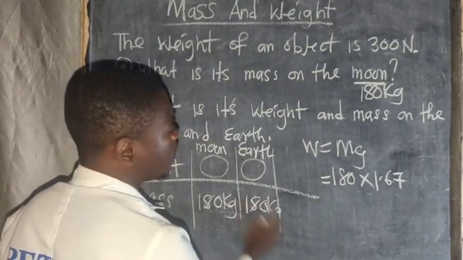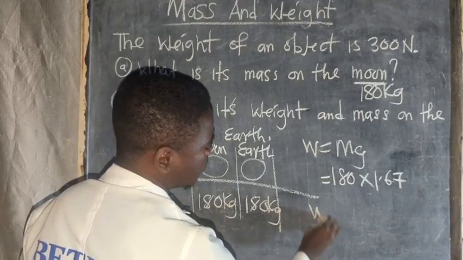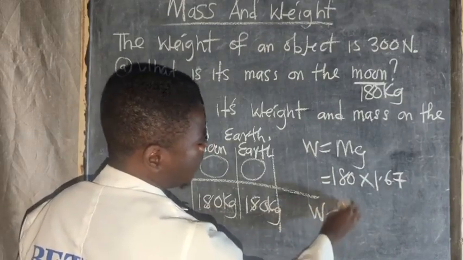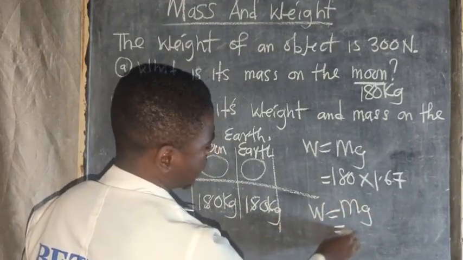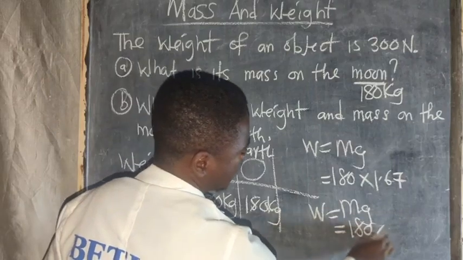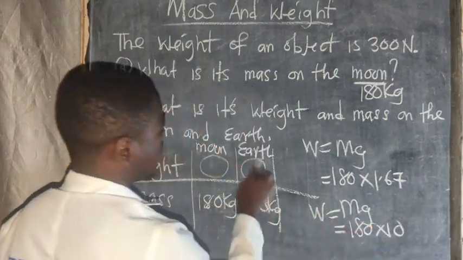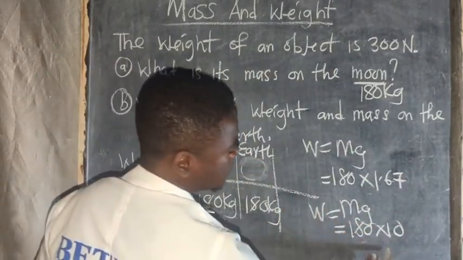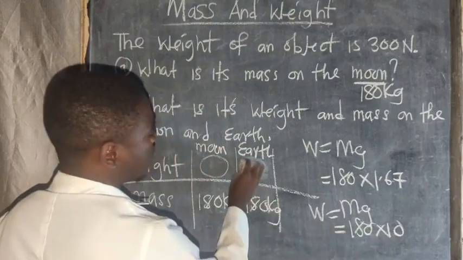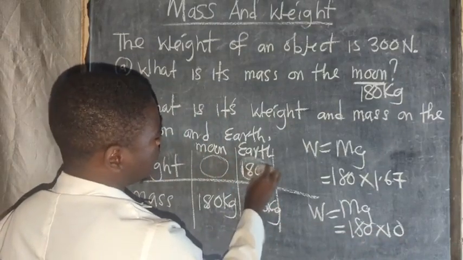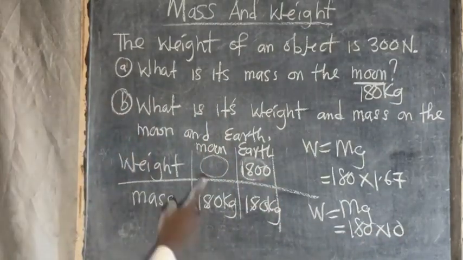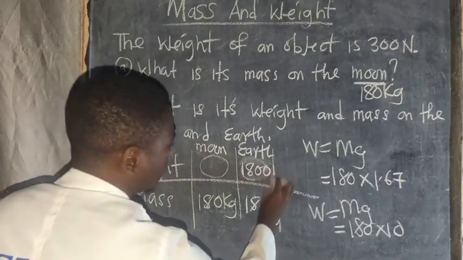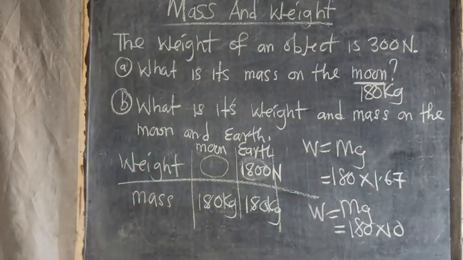When you go to the earth, you know that you are just doing, what is mass? Mass times gravity. So earth is 180 times 10. So this one is even simple. 180 times 10. This is what? 1,800. So that is the weight on earth. You say Newton. What about that other one?